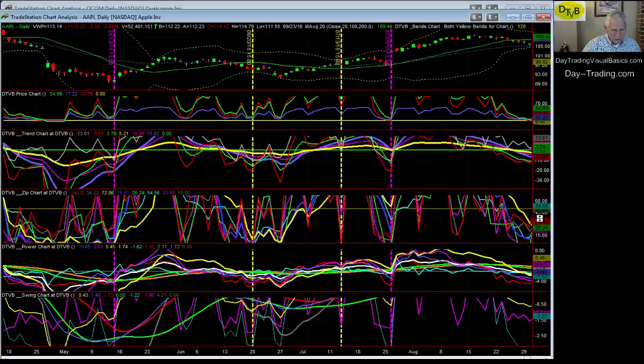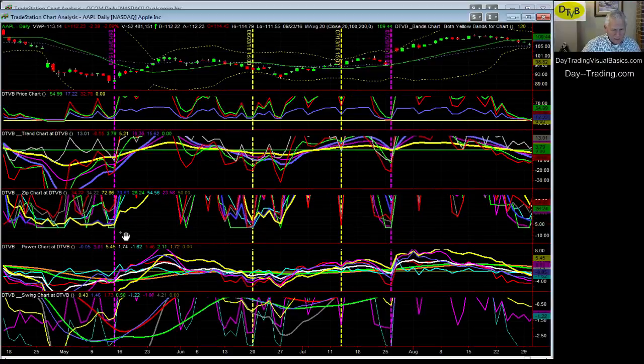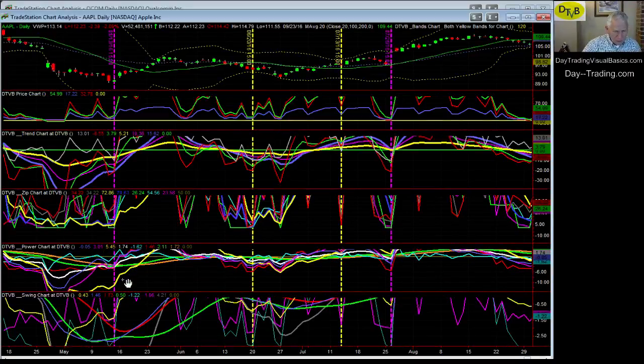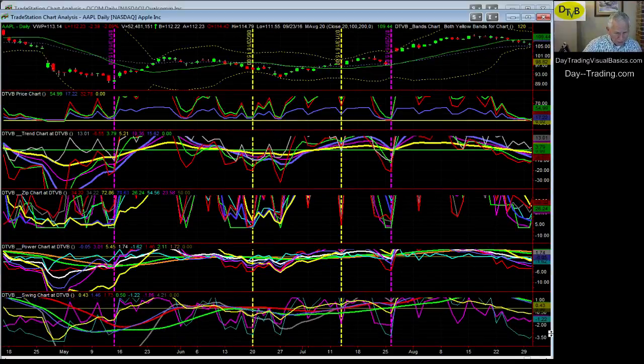And on the zip chart, we have green at 0, and pink has gone up higher, and Zion is flat, and both blue and yellow are in their second day of a low angle up. And in the power yellow, we're in a low angle up. So there's a fair amount of divergence in this one as well.